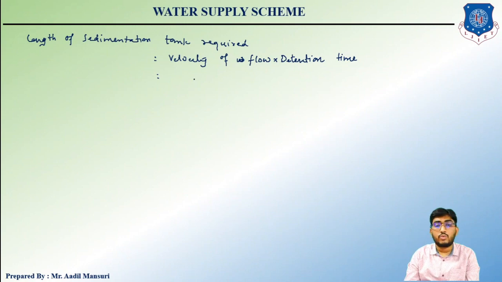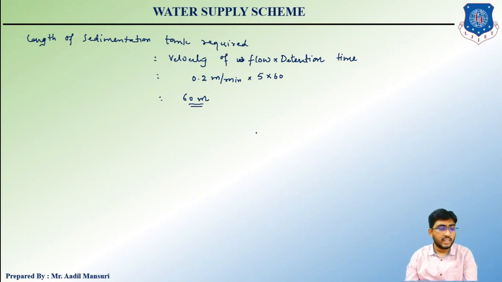What is the velocity of flow? 0.2 meter per minute, into detention time, which is 5 hours multiplied by 60 minutes. So this will be equal to 60 meters. So the length of the tank required will be 60 meters. Clear?